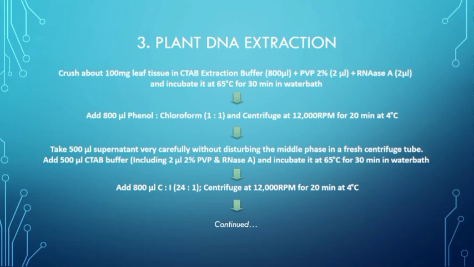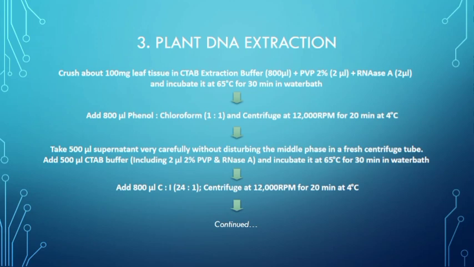After centrifugation, very carefully take 500 microliter of supernatant without disturbing the middle phase, because the middle phase and the lower phase have protein or RNA contaminations, and the lower layer is the organic phase. So you need not touch that. Only take 500 microliter of supernatant in a fresh centrifuge tube.